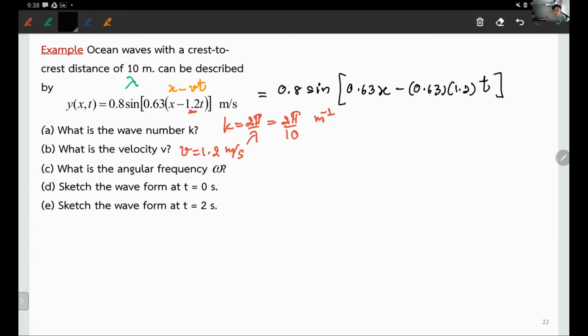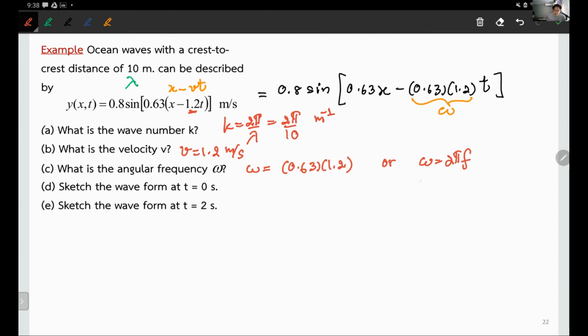And if you want to read this one out, the number in front of t, that is your omega. That's done right away. So omega is just 0.63 times 1.2.